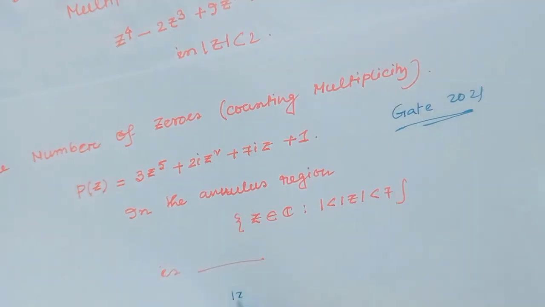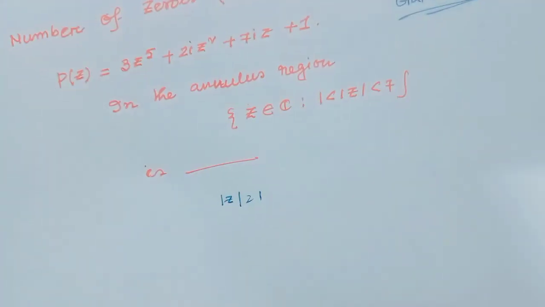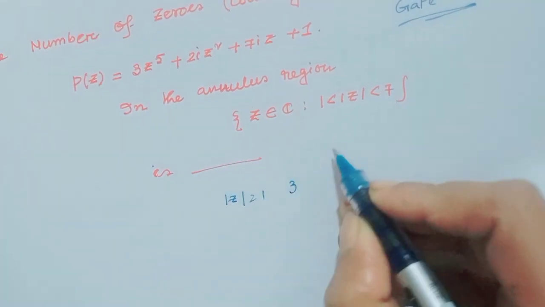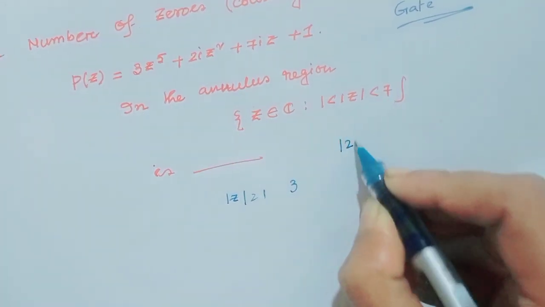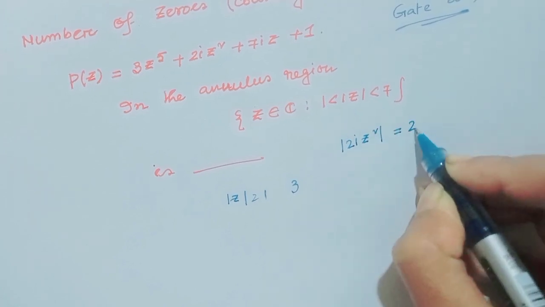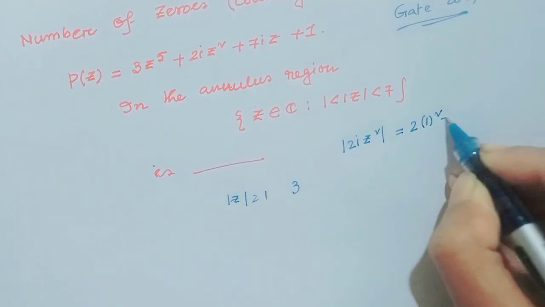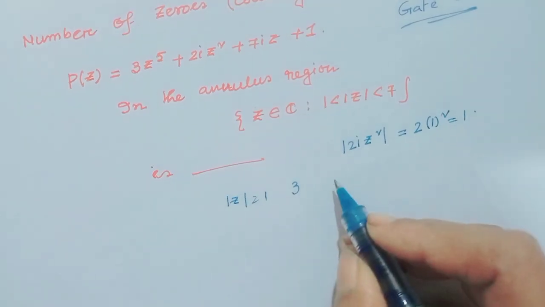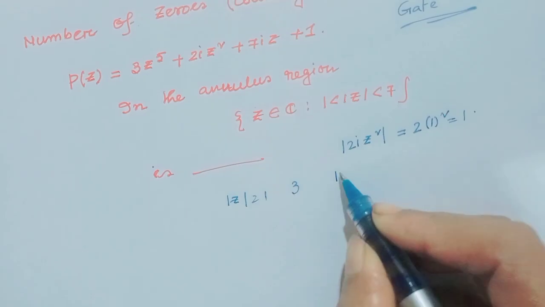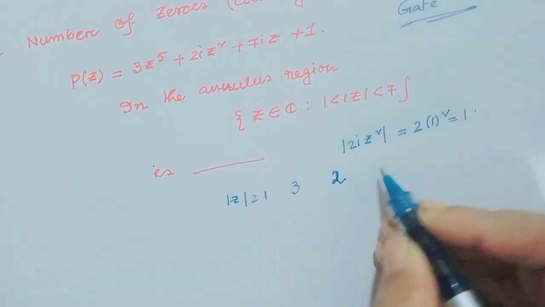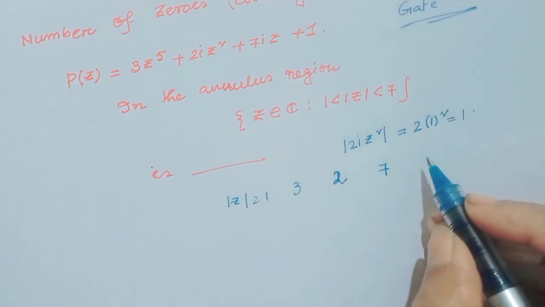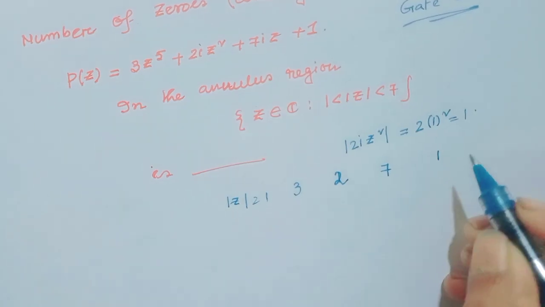On mod z equal to 1, this value is 3, 2iz square on mod z equal to 1 is 2 times 1 whole square, this value is 2, then 7, and 1.